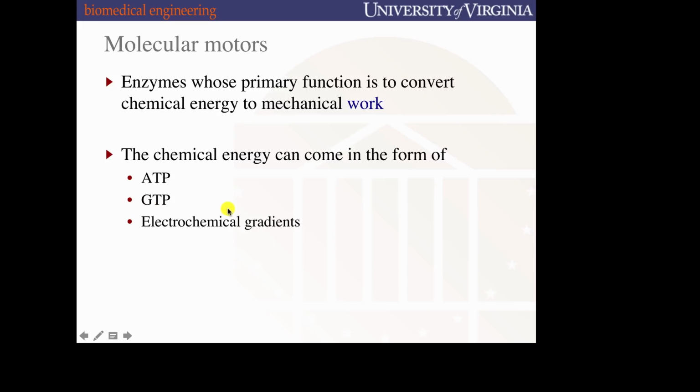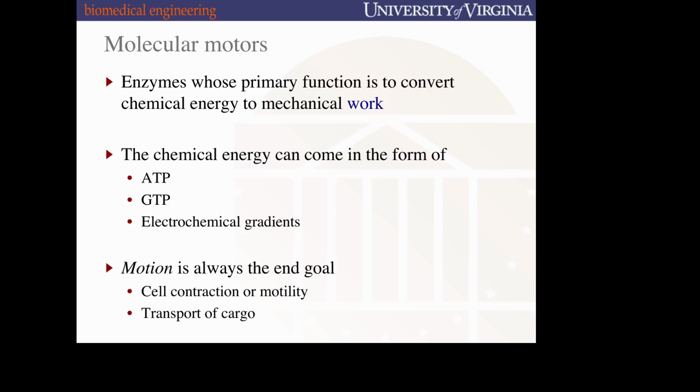Another source of chemical energy can come from electrochemical gradients. We won't talk a lot about that. Again, motion is always the end goal, either in the motion of actin filaments across one another, or myosin filaments and actin filaments in the context of cell contraction, motility of a cell, or in the transport of cargo.